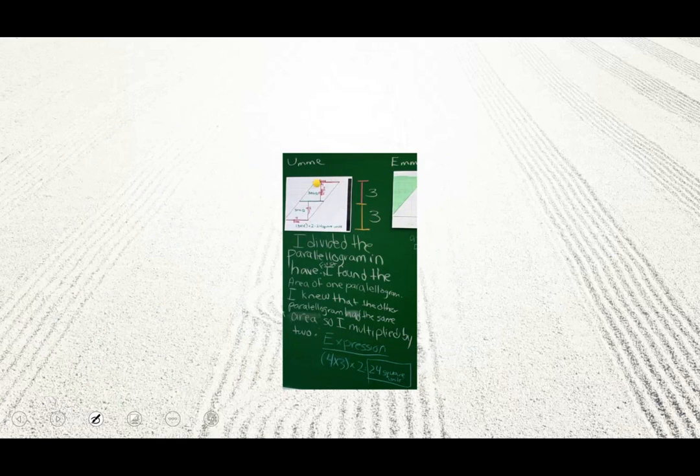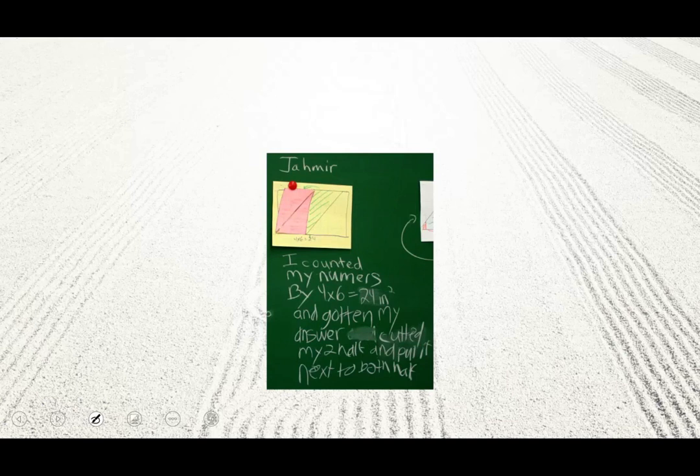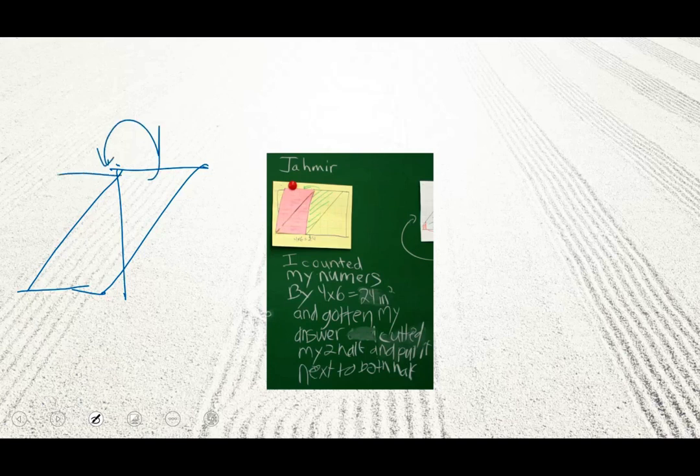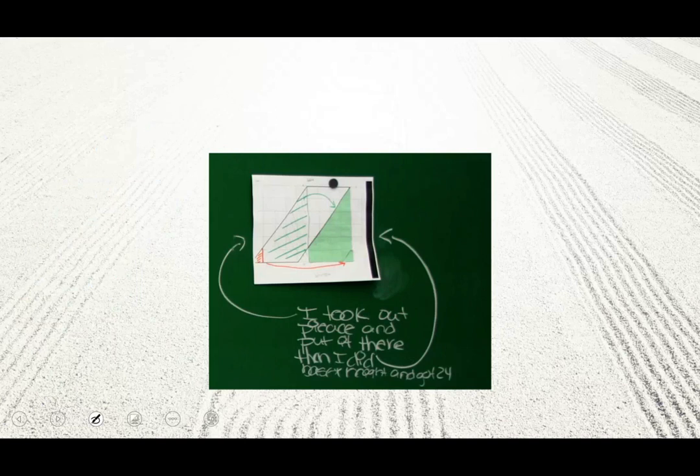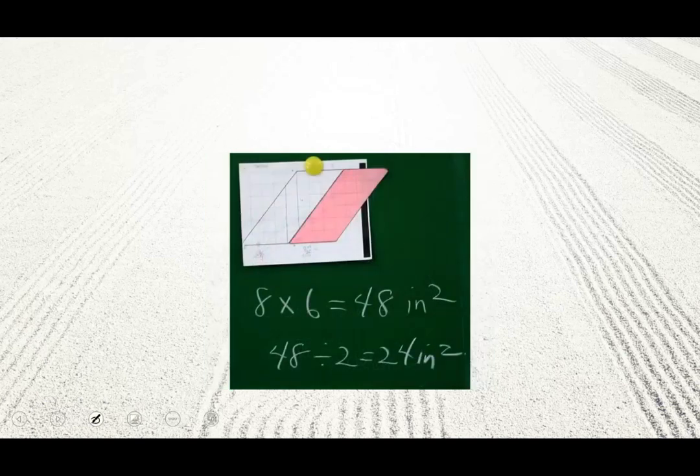Another one is also cut into 2. Another approach, which is very brilliant: if you cut this using the diagonal and then move it, the parallelogram stands up. Another one is cut into pieces and moved to find the area. This student is brilliant. You simply put them together and make it double. Now the height is inside.